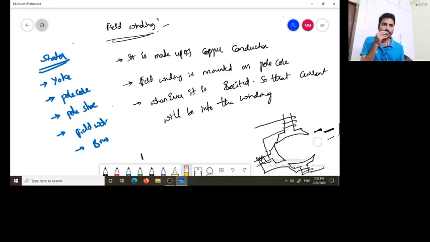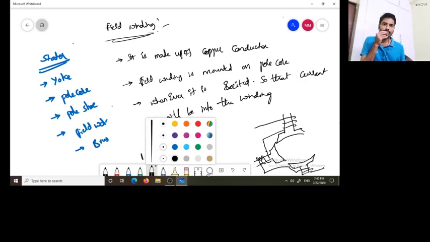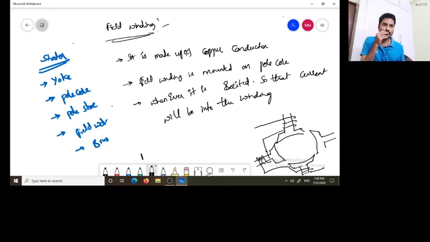We can draw like this. So we are connecting them in series, and we are taking two leads outside, one positive and one negative. In between this, the rotor will be present.